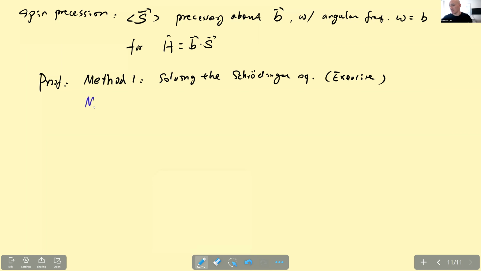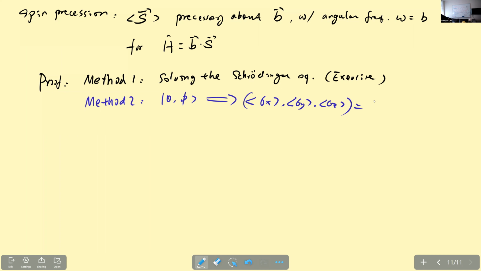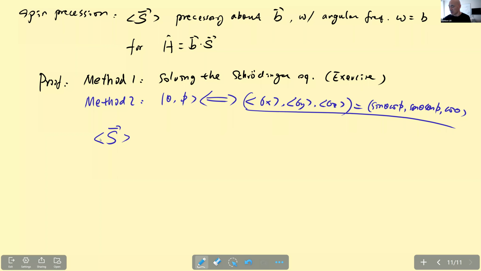Method 2. Remember, if we have theta and phi, we can get the averages of sigma x, sigma y, sigma z just equal to sin theta cosine phi, sin theta sin phi, cosine theta, right? Remember this. So that means if we know this, we also know this, right? So now we just need to calculate this one. What we need to do is just look at the average of this one.